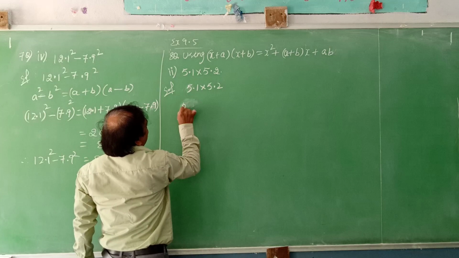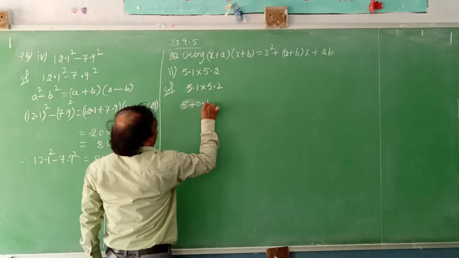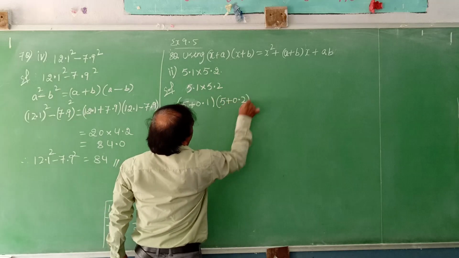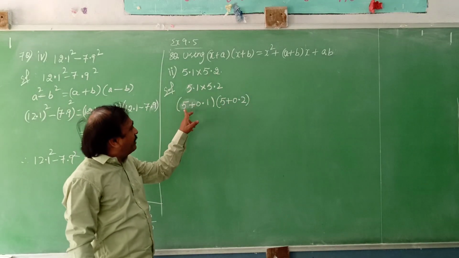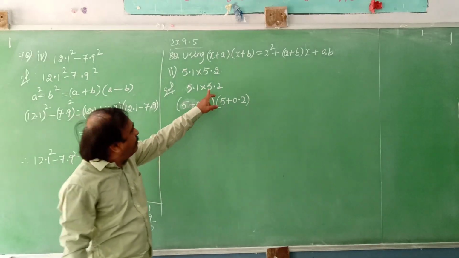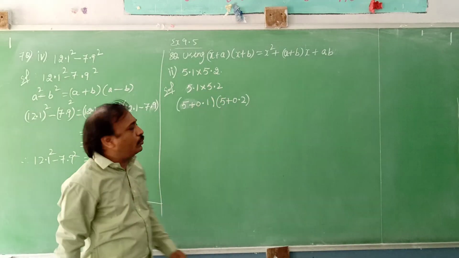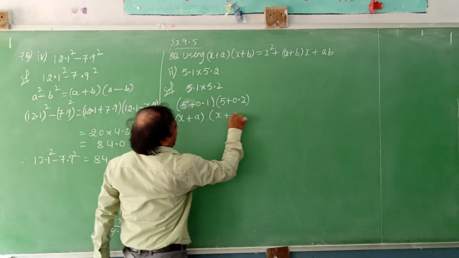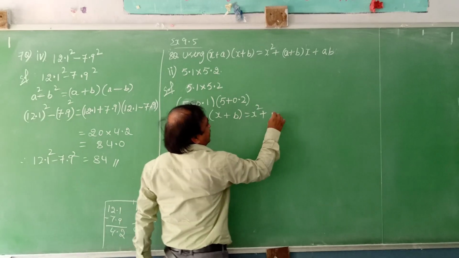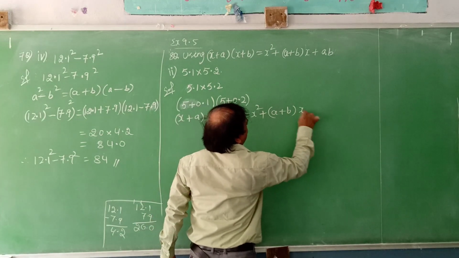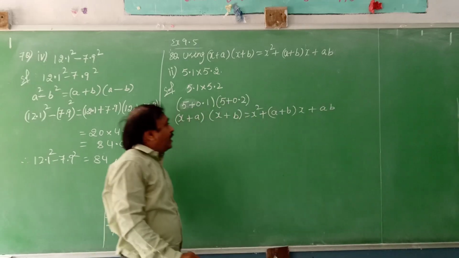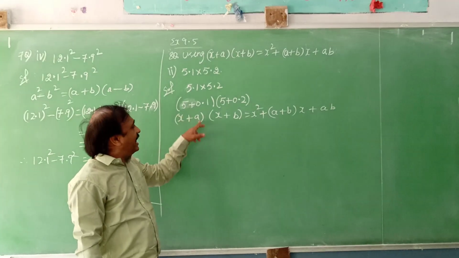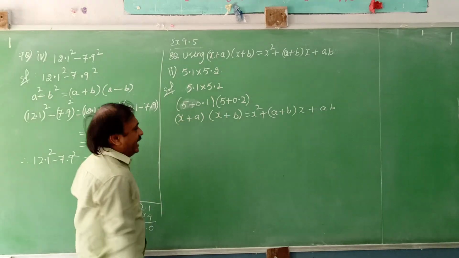So this can be written as 5 plus 0.1 into 5 plus 0.2. Observe it: 5.1 can be written as 5 plus 0.1, and 5.2 can be written as 5 plus 0.2. Now the identity is x plus a into x plus b is equal to x square plus a plus b into x plus ab. Now x is 5, a is 0.1, b is 0.2.